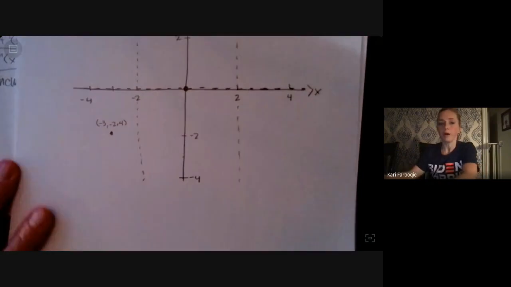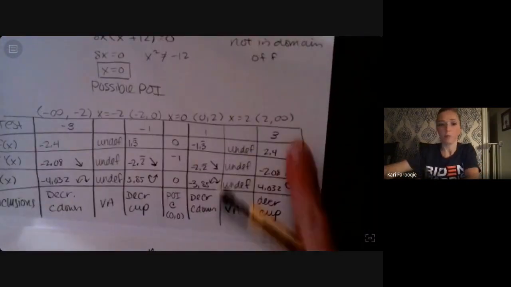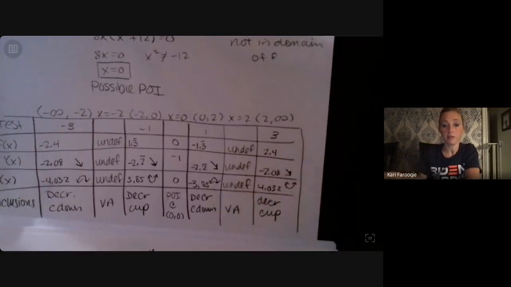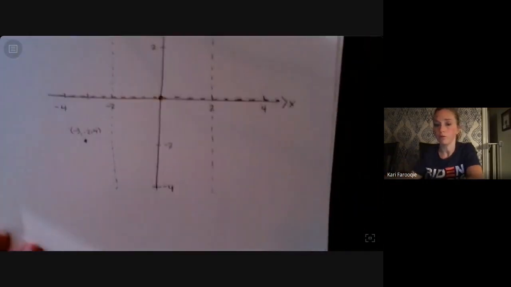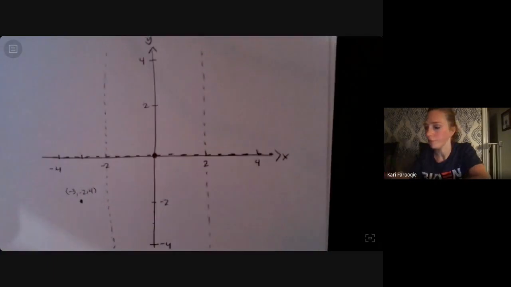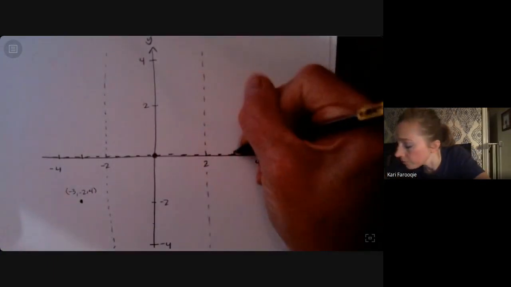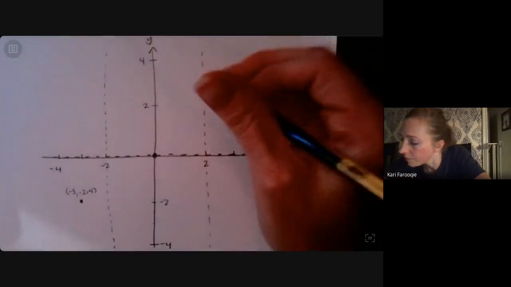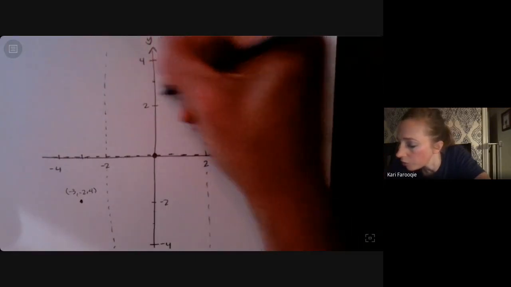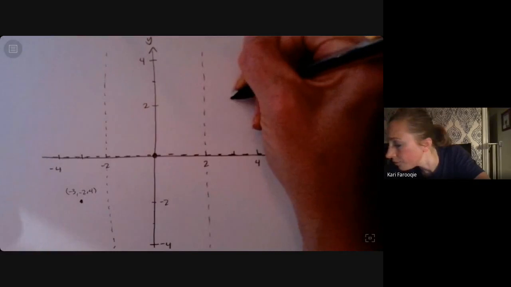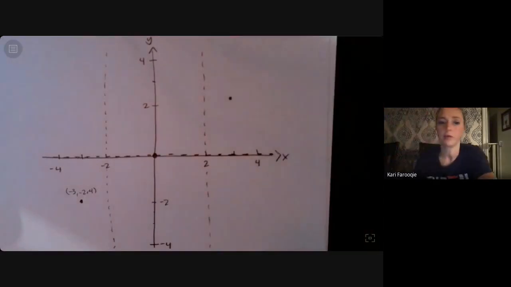And then also I have another point sort of doing the same thing at +3, +2.4. So we're going to do the same thing up in this other quadrant. So let's see, +3, +2.4 is about right there. Something like that.